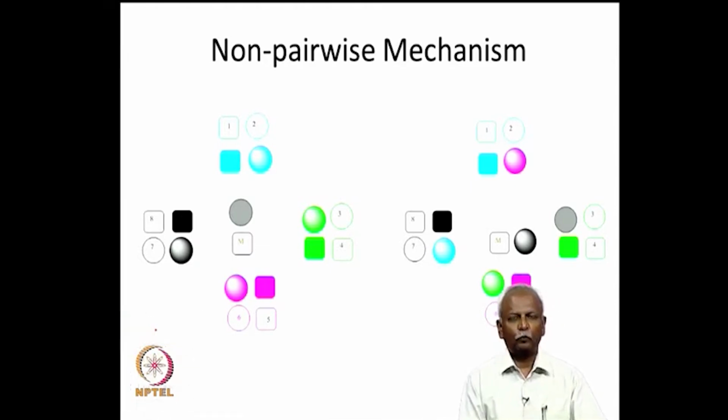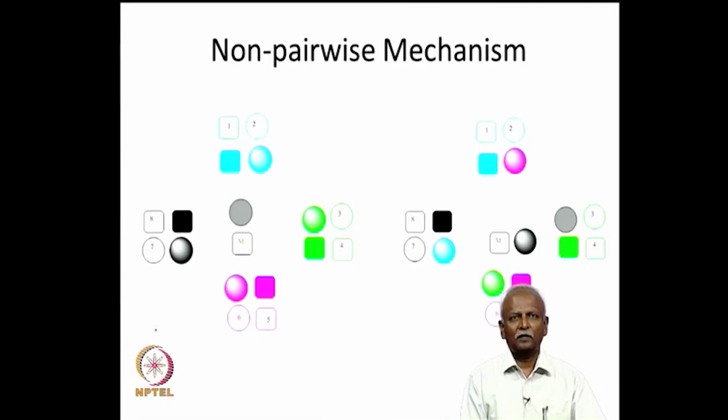I have before me a set of 4 olefins, which are represented by these green, magenta, blue and black alkylidene groups. The alkylidene groups that are going to be exchanged are the ones shown as a round figure, and the alkylidene groups which are stationary or will remain in the same place are the ones which are in square shape.